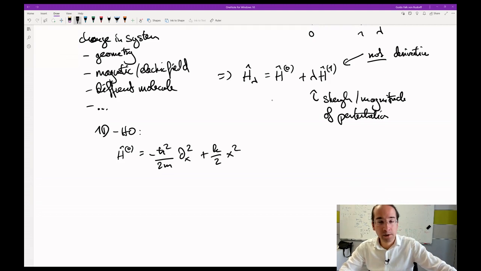Now, the perturbation to that could be what happens if your harmonic oscillator is not perfectly harmonic, as, for example, chemical bonds are not. And what happens if there are some higher order terms that play a role?